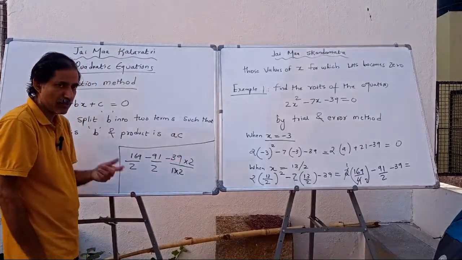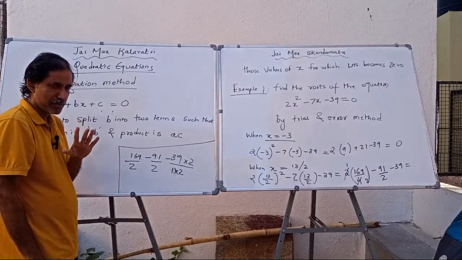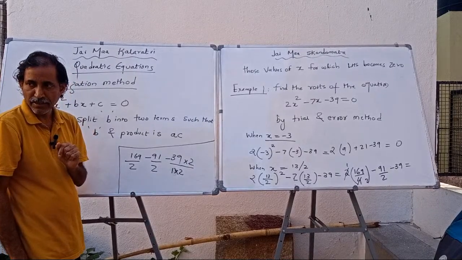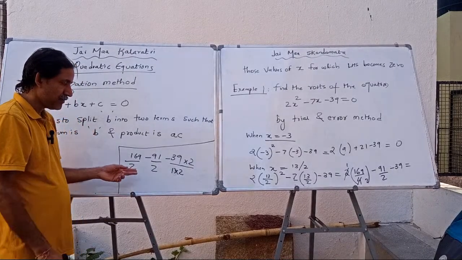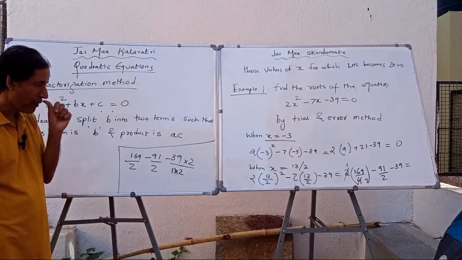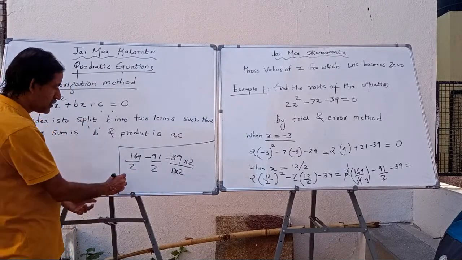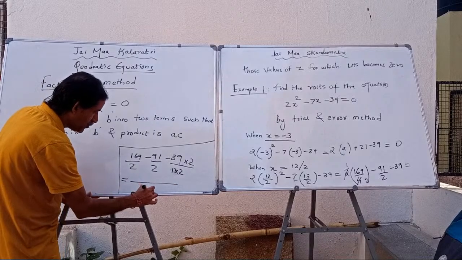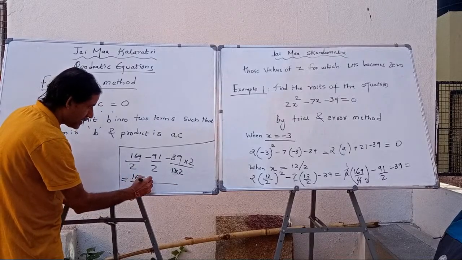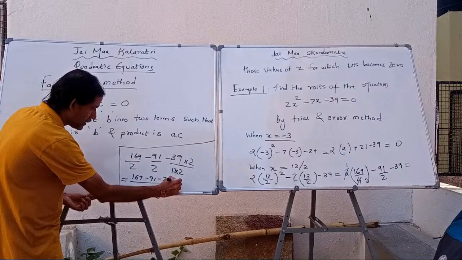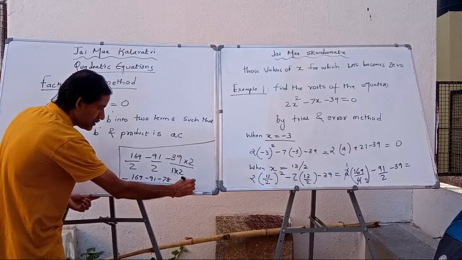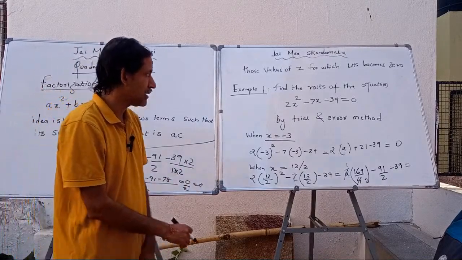That is what you will do. Of course it has to be 0, but you understood this. So you just have 2, and then 169 minus 91 minus 78 is equal to 0, by 2 is 0. Hopefully that is clear.